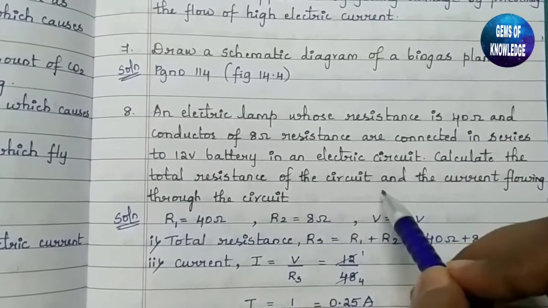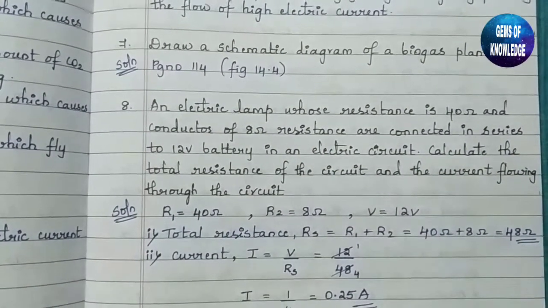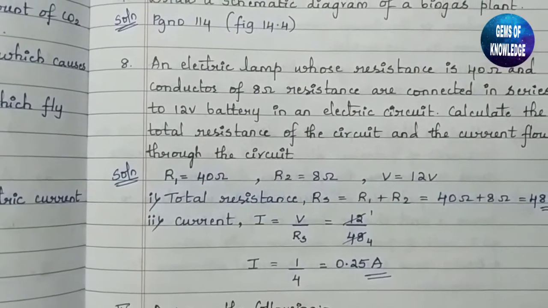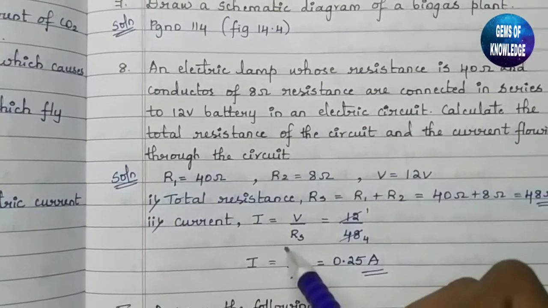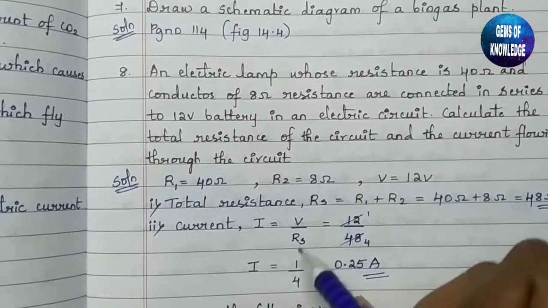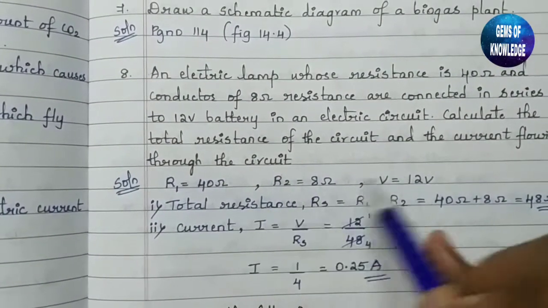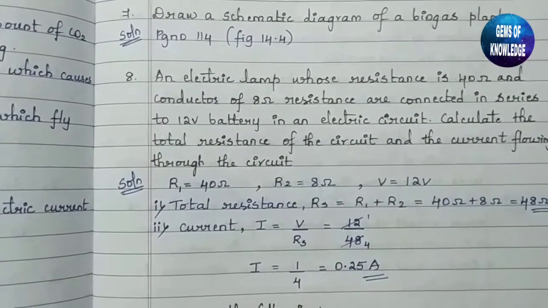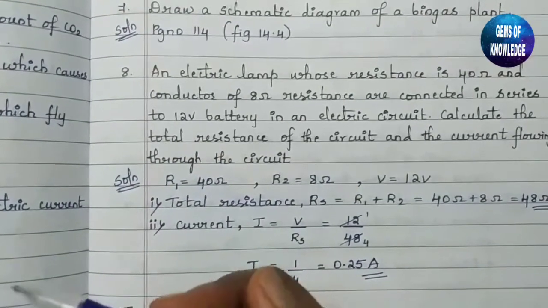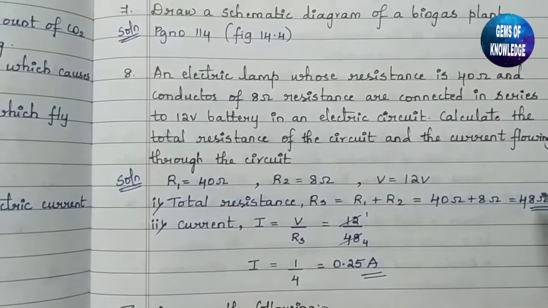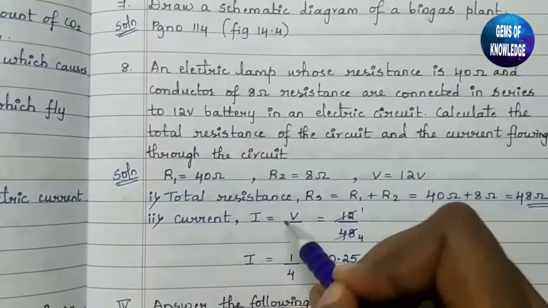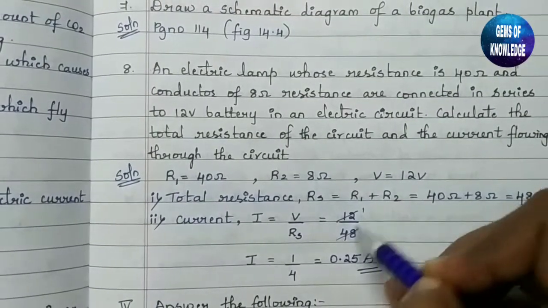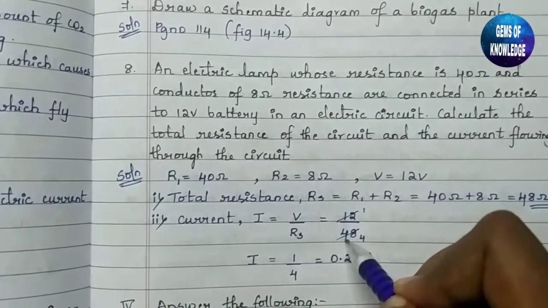One more thing is asked, the current flowing through the circuit. We know the formula I equals V by R according to Ohm's law. For R we have to take the total resistance here, or else we would need to calculate the current through both resistances separately and then add the currents, so it would be a lengthier process. However, we have RS as the total resistance, so we take V divided by RS. V is 12 volts, divided by RS, which is 48 ohms.